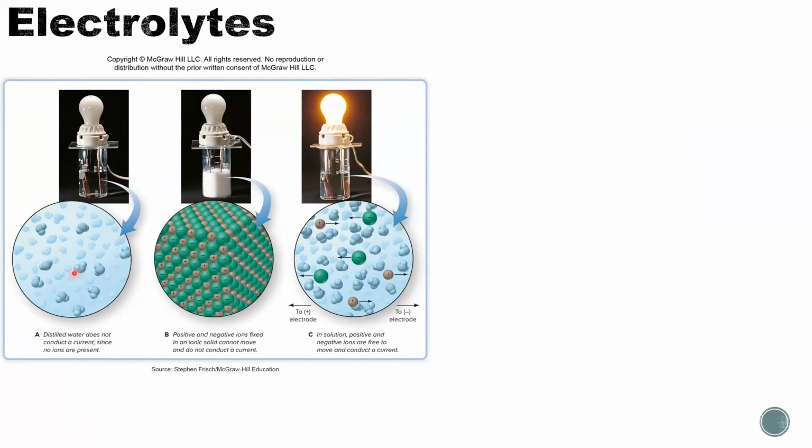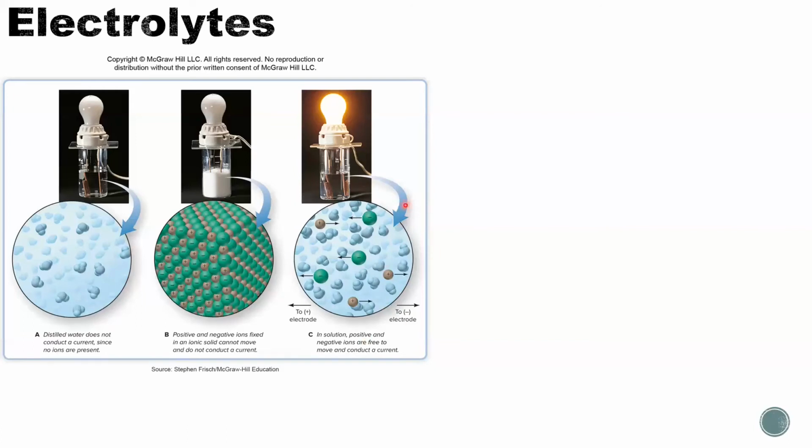And that's because on the left, there's no electricity conducting between those two posts. It's just the water. And water itself is not a good conductor. It's an insulator. In the middle picture, when you have the sodium chloride, because all the cations and anions are fixed and sitting next to each other, they cannot move freely, so they cannot conduct electricity either.